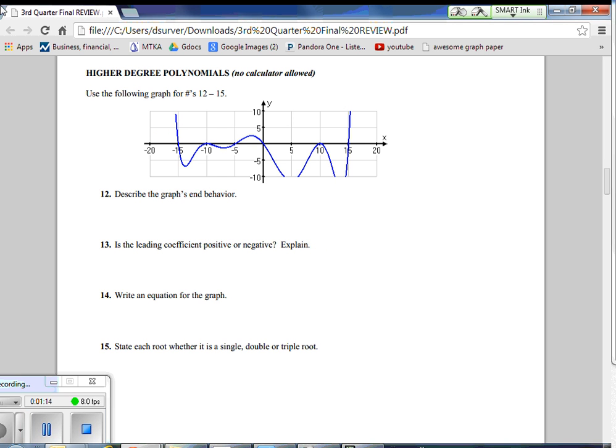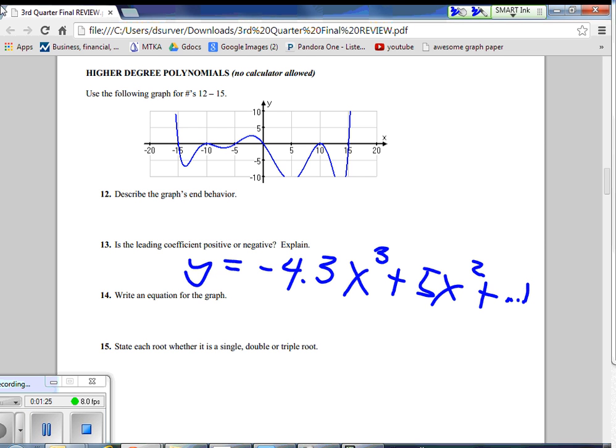All right, is the leading coefficient positive or negative? You remember how these things start with an equation like this? Blah, blah, blah, blah, and then they end with a number like 7 or whatever. Some stuff that we know about these equations. This number in front is the lead coefficient. As long as this is the biggest degree right here, then this number right here is the lead coefficient.